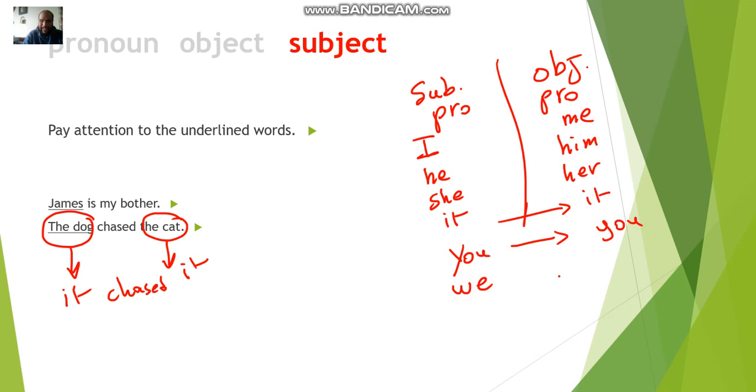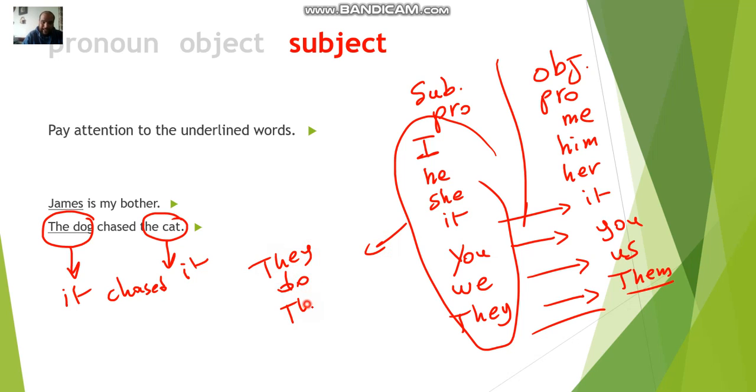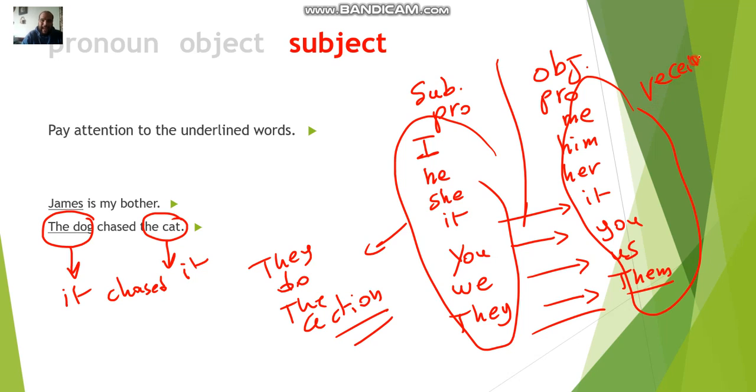We, us, and they is gonna be them. All of those are doers of the action. They do the action. All of those are receivers of the action.